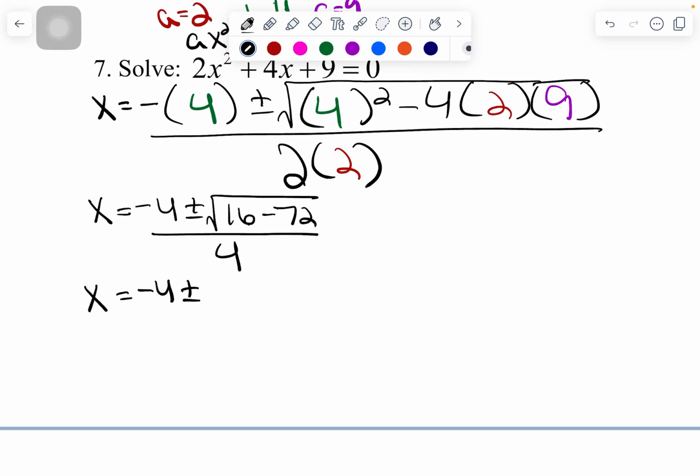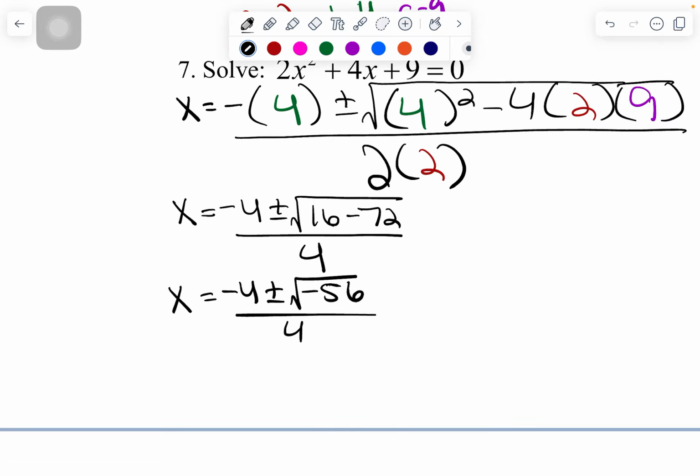So negative 4 plus or minus the square root of negative 56, all over 4. Okay, so this is fun. The problem is negative 56, and we need to simplify it. We're going to simplify the 56 using prime factors or factor trees or whatever you remember, and we've got to deal with the fact that there is a negative underneath there.